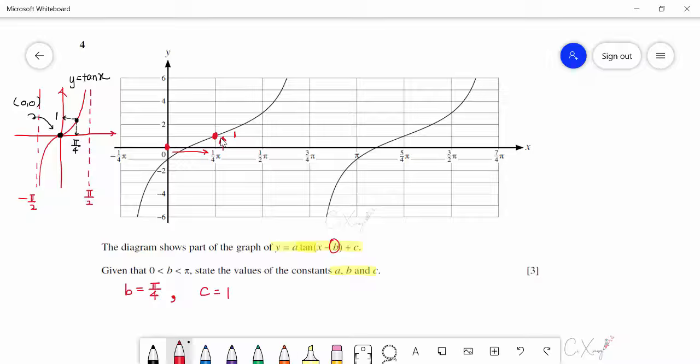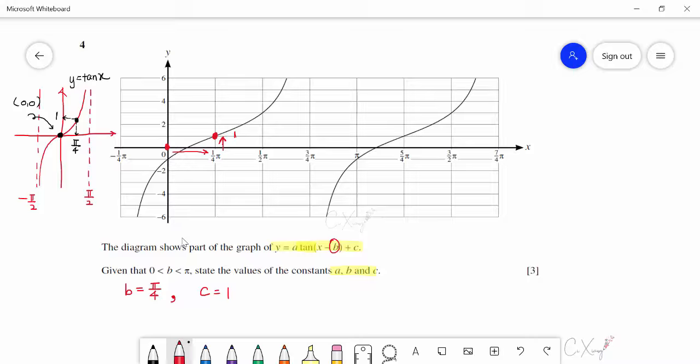By using the reference point (0, 0), we get pi over 4 for b and 1 for c, because it is a translation in the x direction of pi over 4 unit, and in the y direction of 1 unit going up. Therefore, b is pi over 4, c is equal to 1.